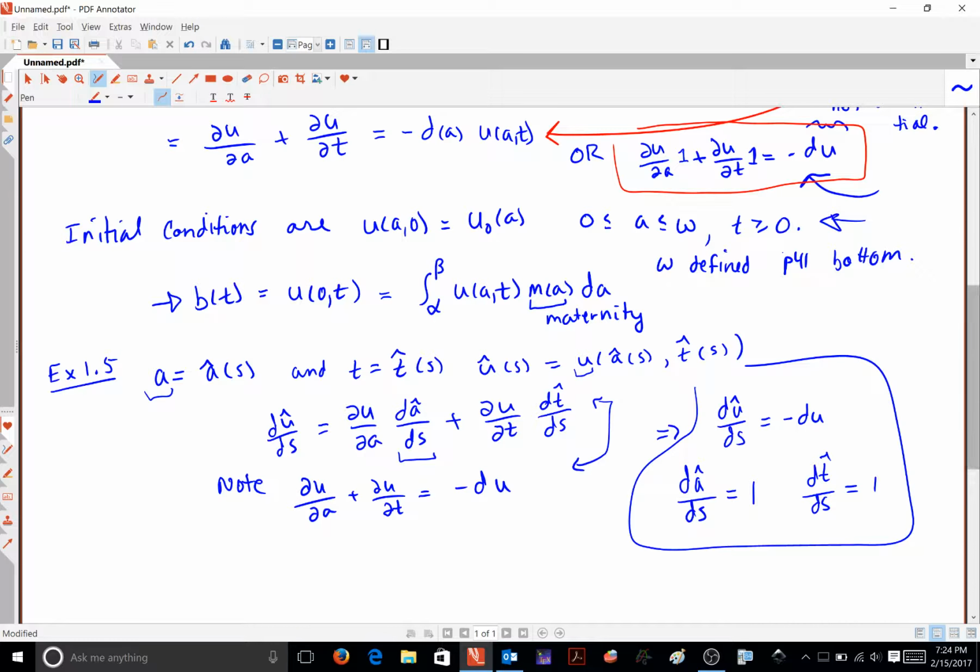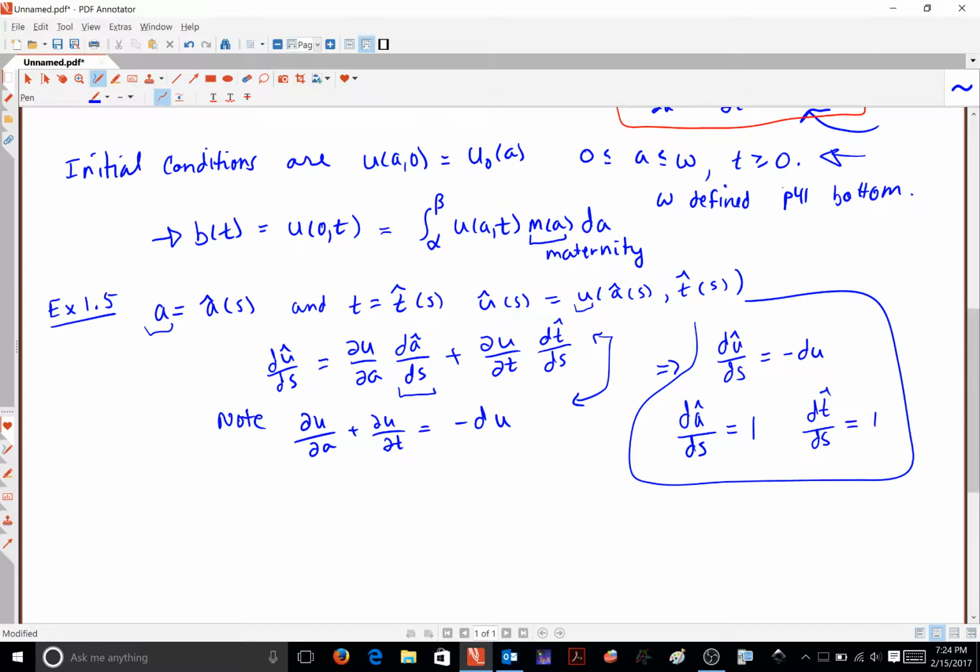So if you look at the first one that I actually did, the du hat/ds. In my notes, I actually did that with respect to t. It doesn't matter. If you want to solve du hat/ds by separation of variables, remember this d is not a differential. It's not a derivative.